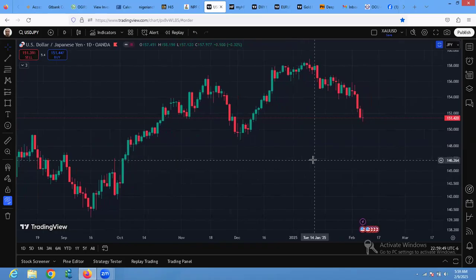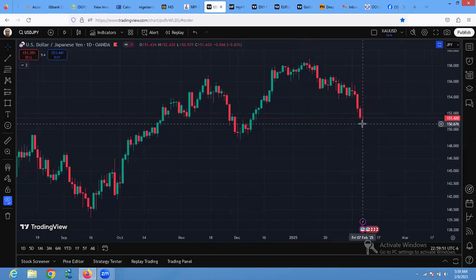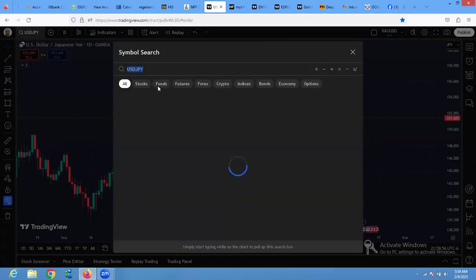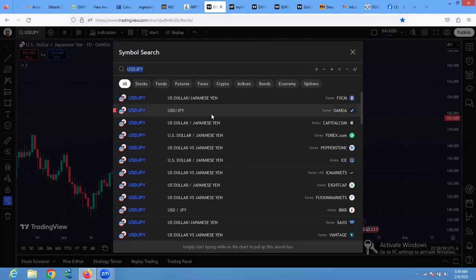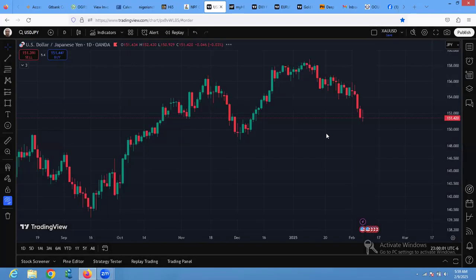We need to be very careful trying to trade this. And for you to have that confidence to trade dollar yen, because this is like we are trying to buy. So what you can do here, let's see if you want to trade it.